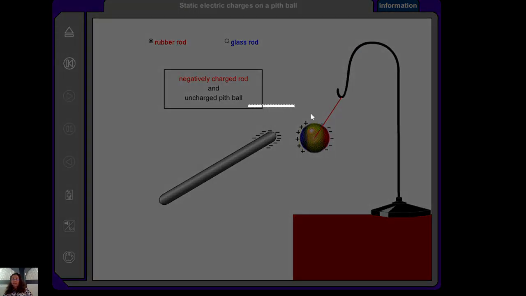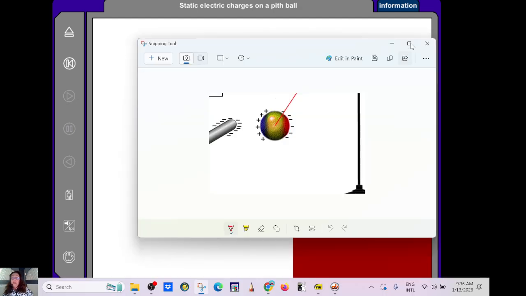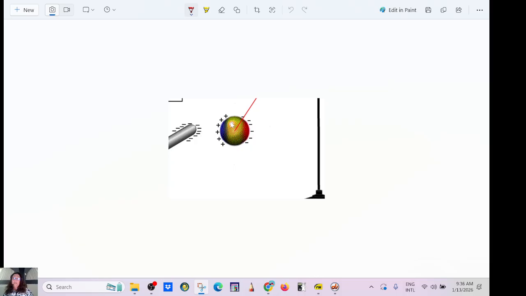So if I take this, what's happening inside is that the molecules here get polarized. So you have a plus and a minus, a plus and a minus, and a plus and a minus, but the electrons cannot move. And the molecules inside are also polarized. So plus, minus, and then a plus and a minus, and then a plus and a minus.